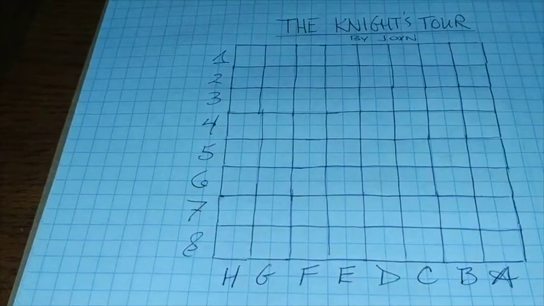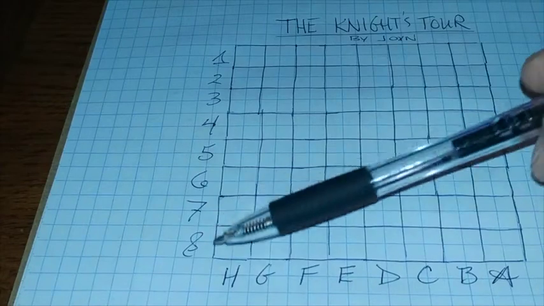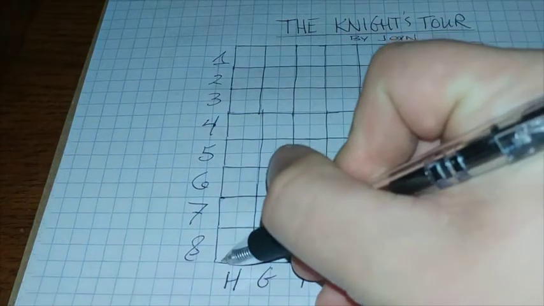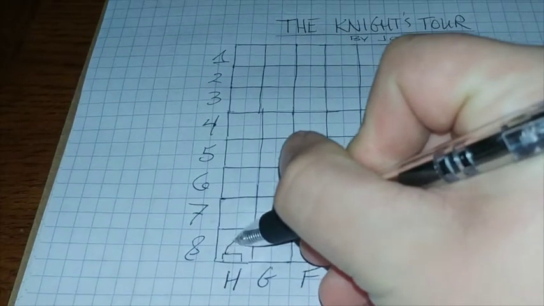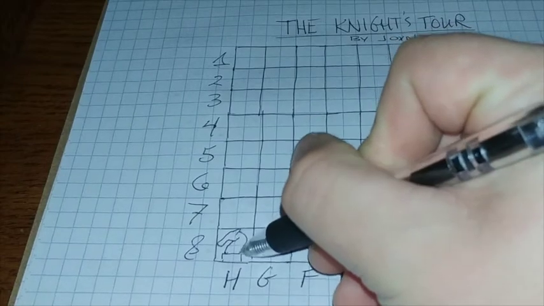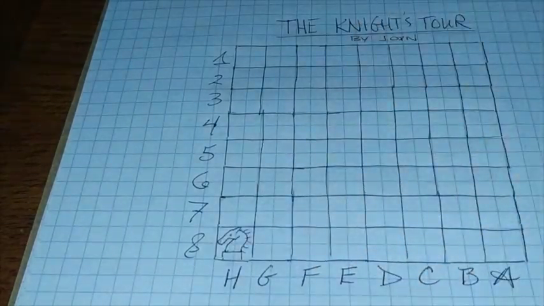Here are our coordinates: A, B, C, D, E, F, G, H, 8, 7, 6, 5, 4, 3, 2, 1. I got it backwards because it's cool to be that way. So I'm going to start my knight right in the corner. Patent pending on that design.